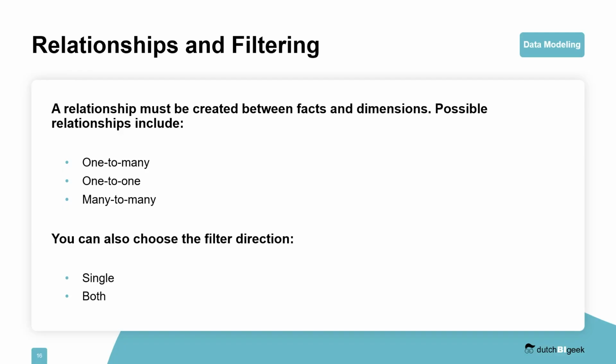But the problem with a bidirectional relationship is you create an ambiguous model. Also later in this presentation I give you an example of what's happening if you use a bidirectional relationship. So be careful with the bidirectional relationship. Don't use that in your data model.